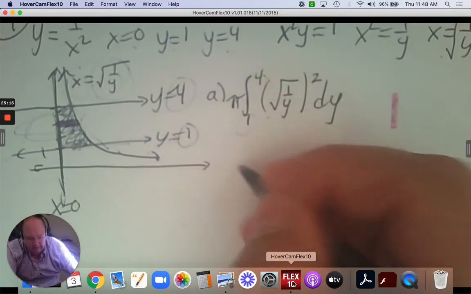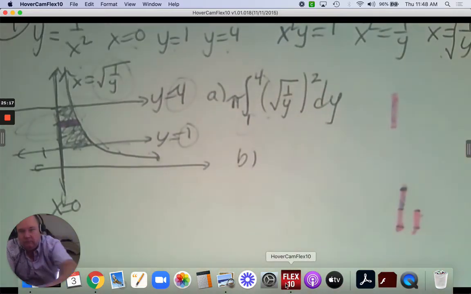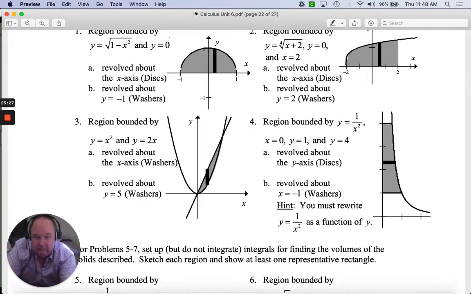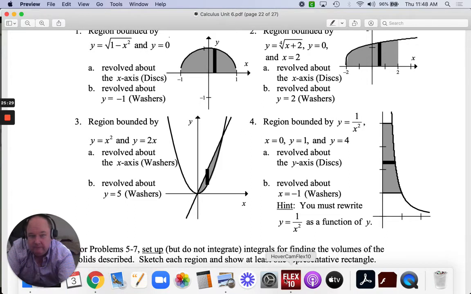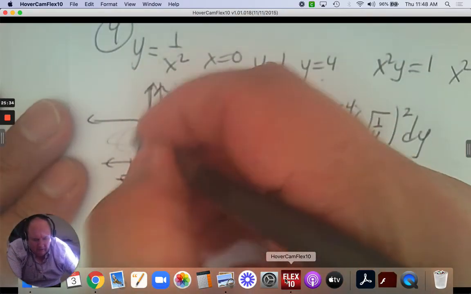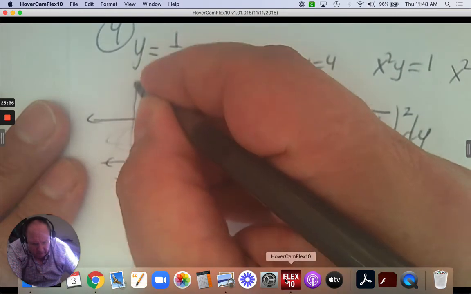For part B, you're revolving around x equals -1. So I'm going to do this one in yellow. X equals -1 is here to the left.